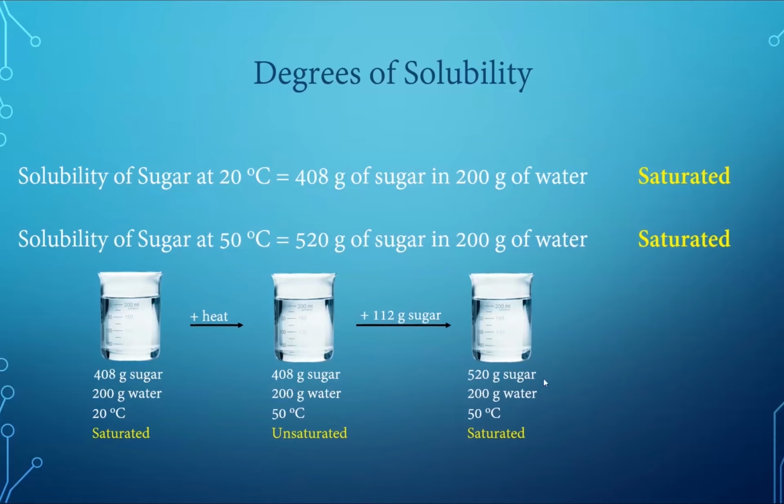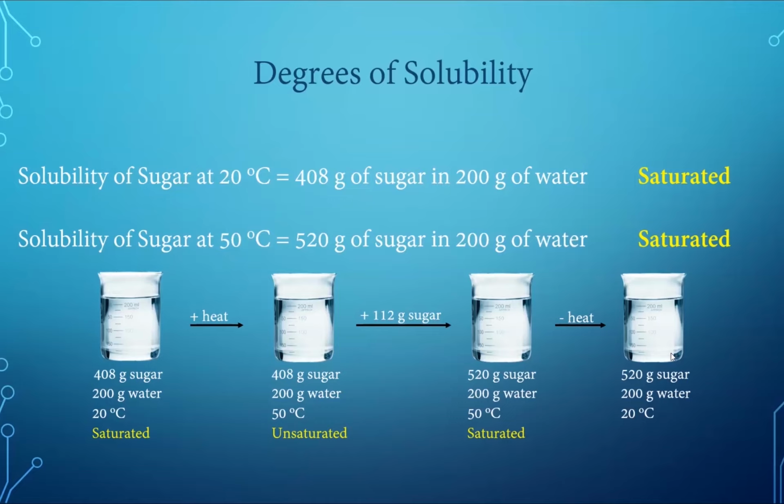Now, for our final step, let's cool the solution back down. Let's lower the temperature back to 20 degrees Celsius. At this temperature, there should only be room for 408 grams of sugar, but we have 520. What should happen immediately is the extra sugar should all crystallize out. We should very quickly find 112 grams of sugar crystallized in a pile on the bottom of the beaker.